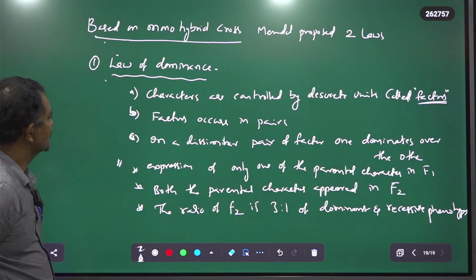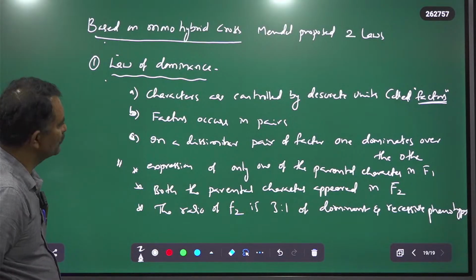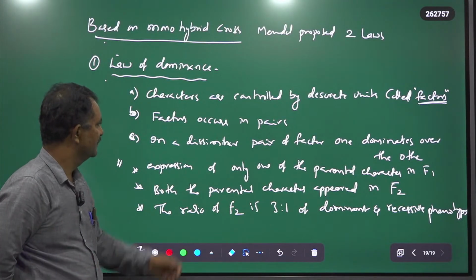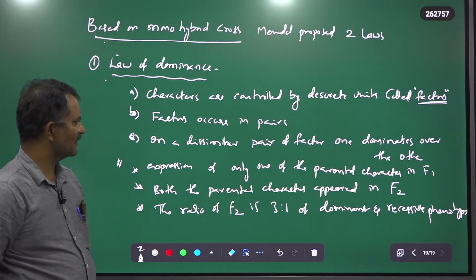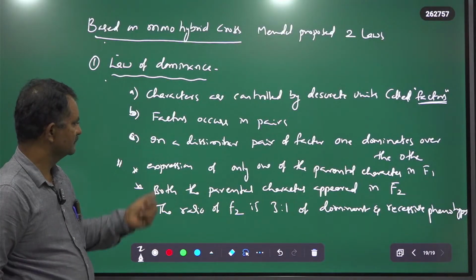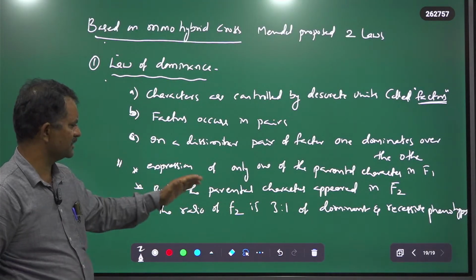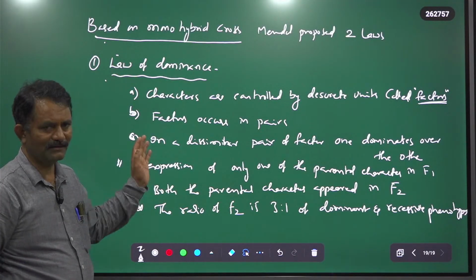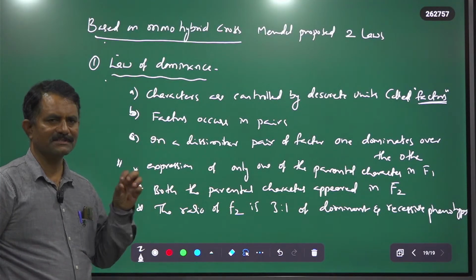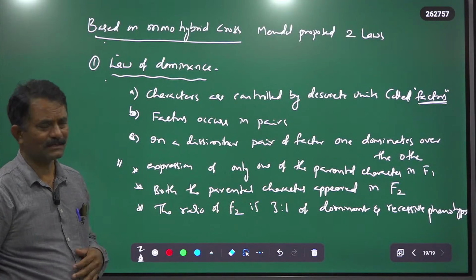Law of dominance explains characters are controlled by discrete units called factors. Factors occur in pairs. In a dissimilar pair of factors, one dominates over the other. As well, Mendel explains expression of only one of the parental characters in F1 generation. Already we have seen the F1 is always hybrid, that is one of the parental characters.